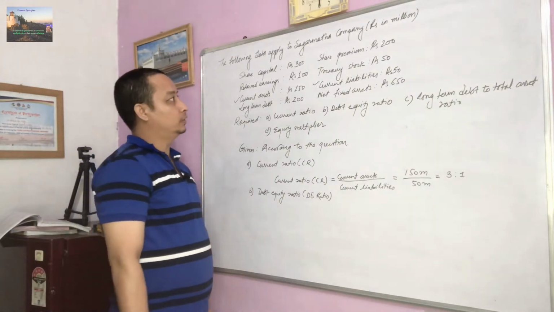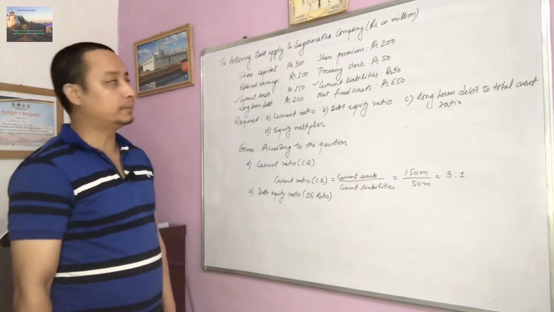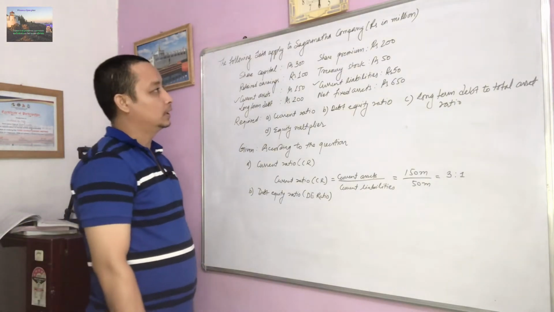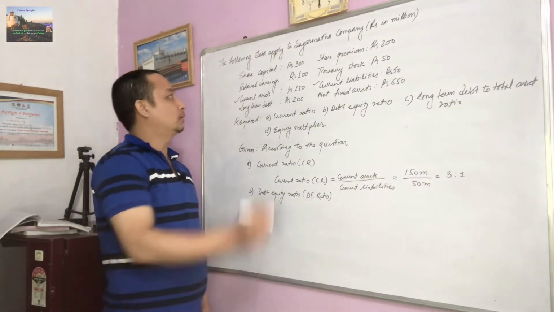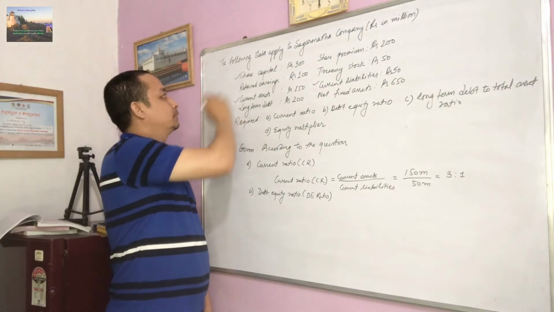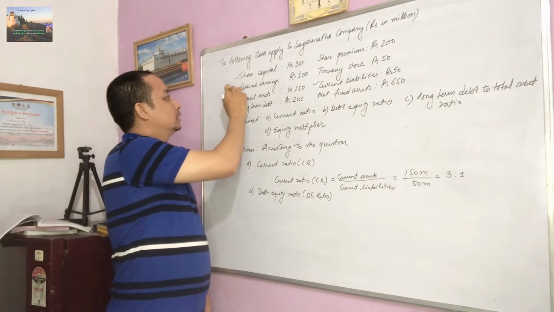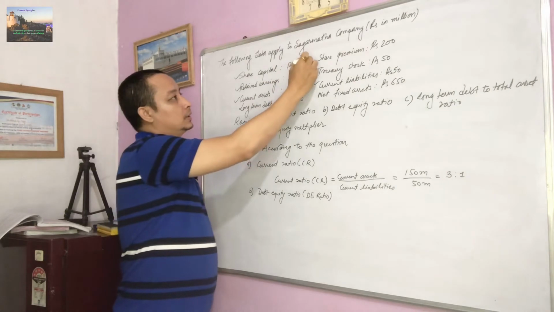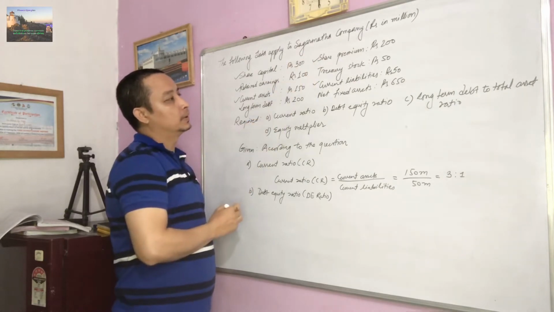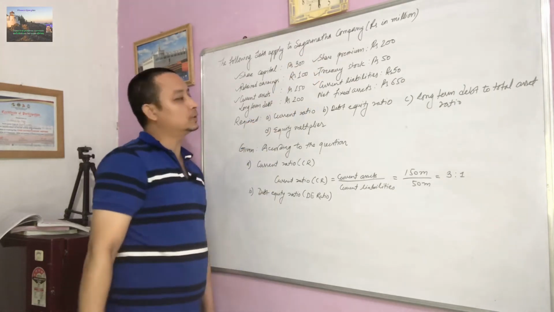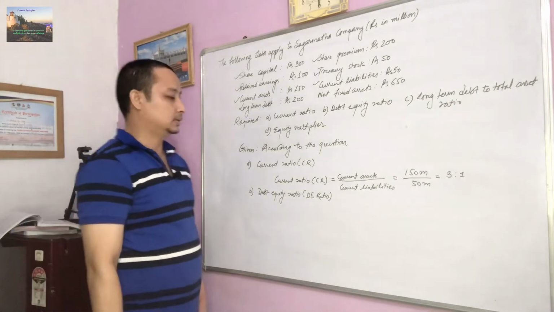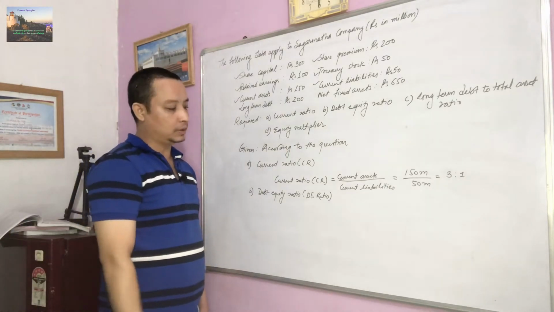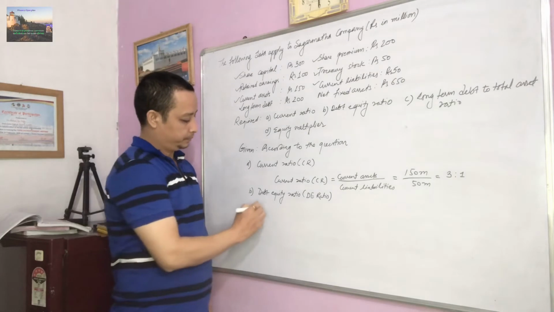If you know the equity amount, then you can calculate the debt equity ratio. So here, if you see the equity amount, here is share capital, retained earning, share premium and treasury stocks. These four items are related with this equity capital. So first of all, let's calculate equity capital.